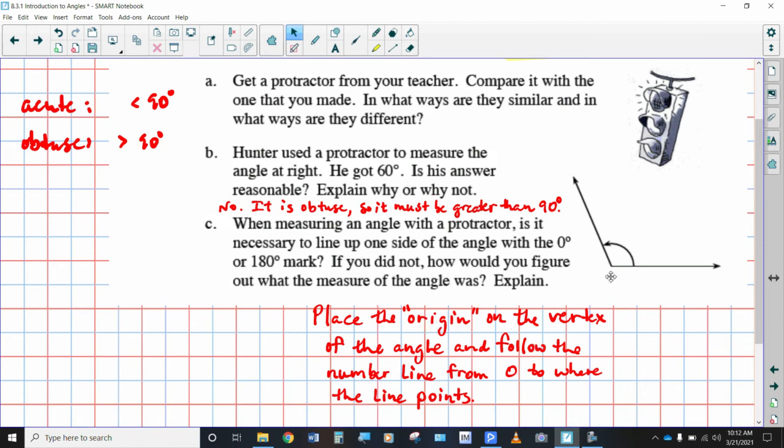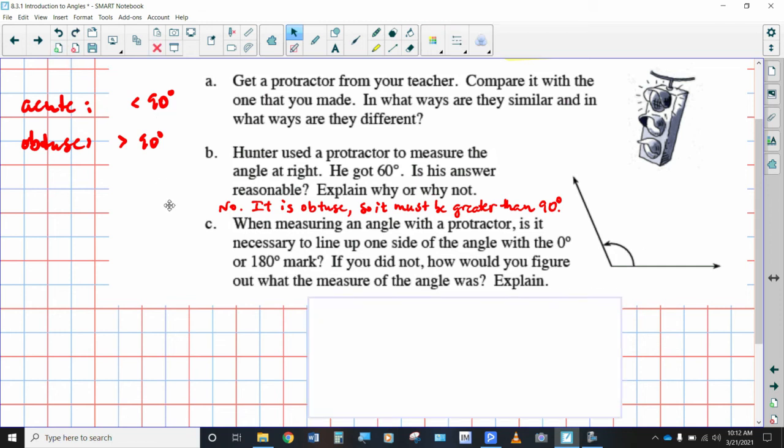So you have to place the origin on the vertex and then follow the number line. And basically, if it's an obtuse angle, you've got to follow the number line that gives you a number that's greater than 90 degrees. If it's an acute, you've got to follow the number line that's going to show it less than 90 degrees. So we use a little bit of logic as you do this.